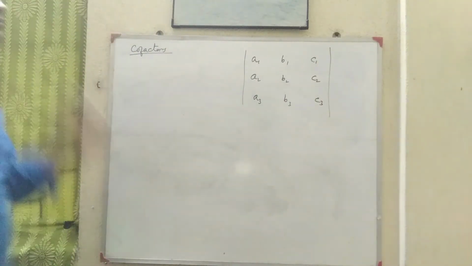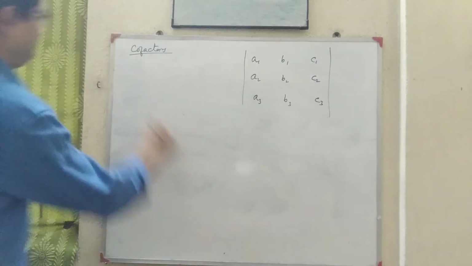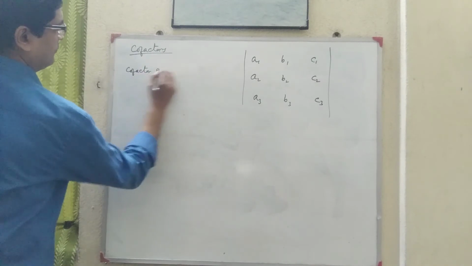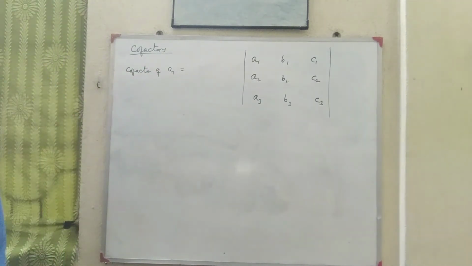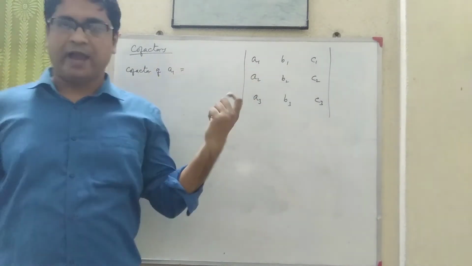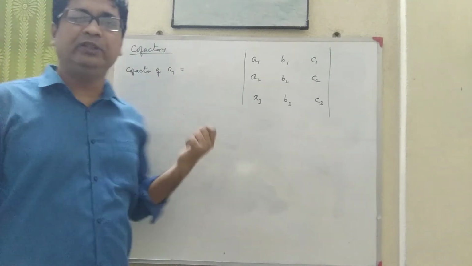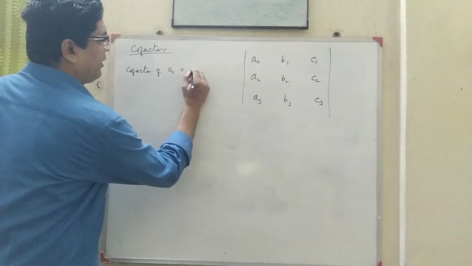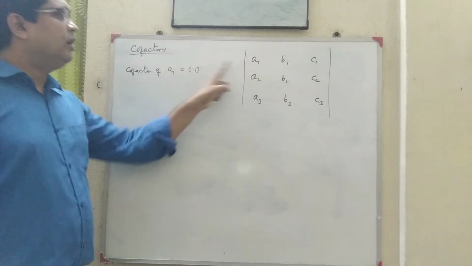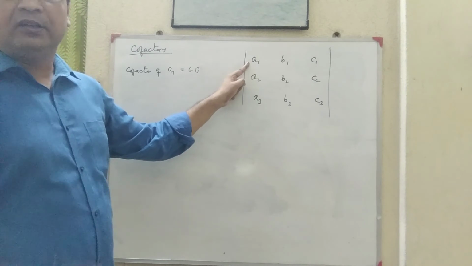Now, the cofactor of, suppose, A1. The cofactor of A1 will be, as I said, cofactor means minor with proper sign. Now how to determine the sign? For sign determination, you just have to write -1 to the power of the row number plus the column number in which the element lies.